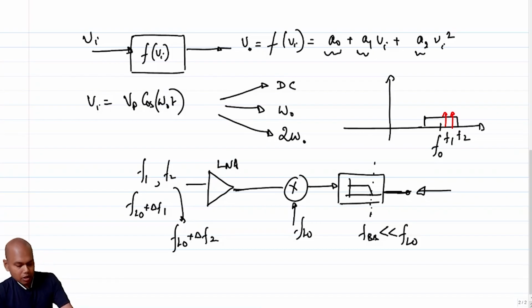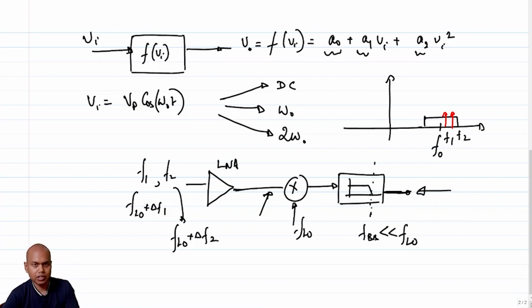So twice FLO will mix with FLO and create another FLO and 3 FLO, and both of them will be outside the band of the low pass filter, and at the output of the low pass filter I won't get anything, so I'll be good, right? But that is not a realistic scenario.